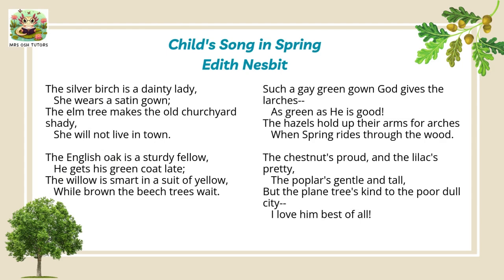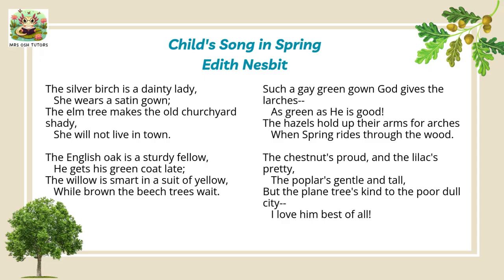The silver birch is a dainty lady. She wears a satin gown. The elm tree makes the old churchyard shady. She will not live in town. The English oak is a sturdy fellow. He gets his green coat late. The willow is smart in a suit of yellow, while brown the beech trees wait.